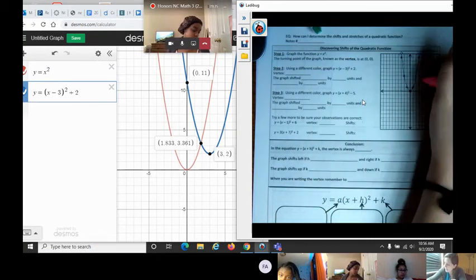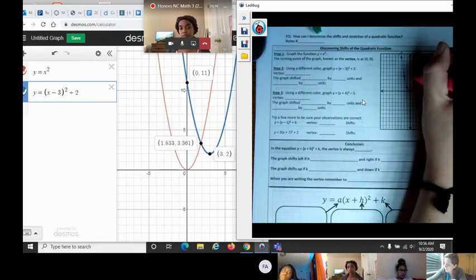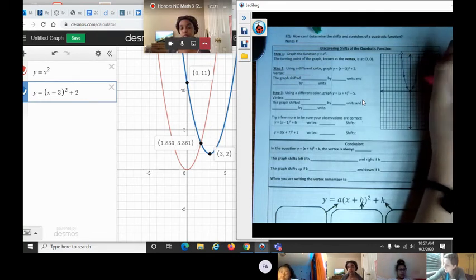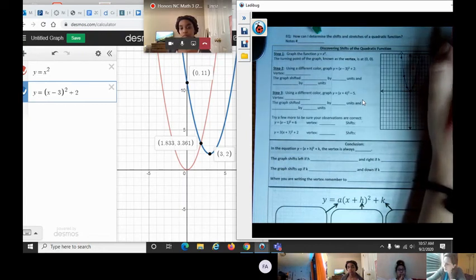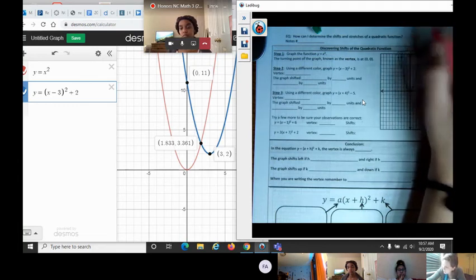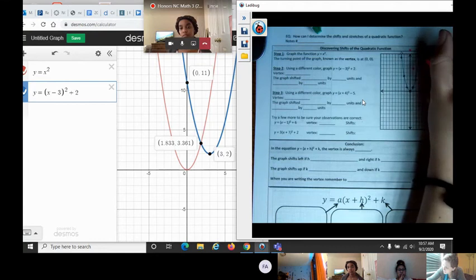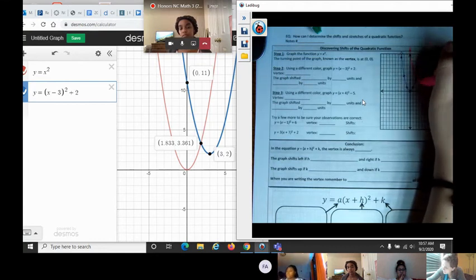So I know that I could pretend like this is the origin and then just go out from there like I would on the original graph. And then the intercept is at 0, 11, which is like up here. So it would go something like this.